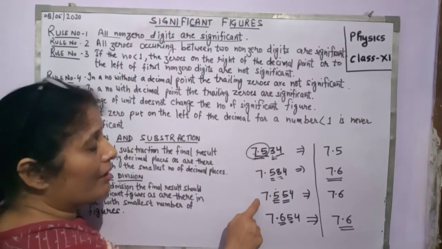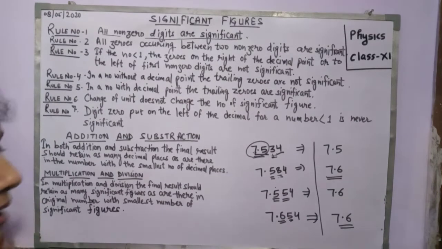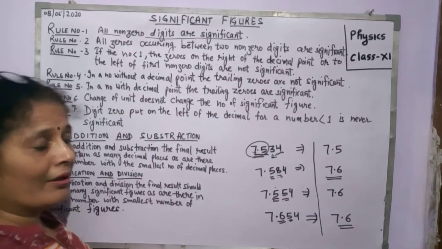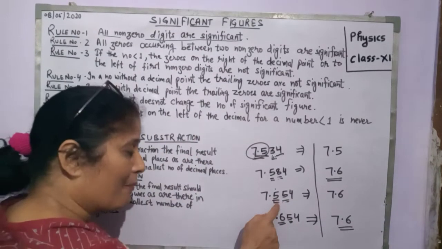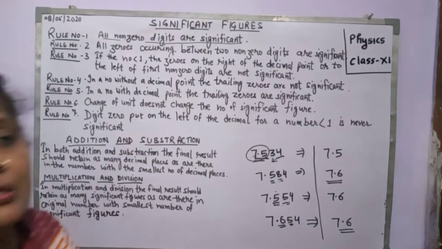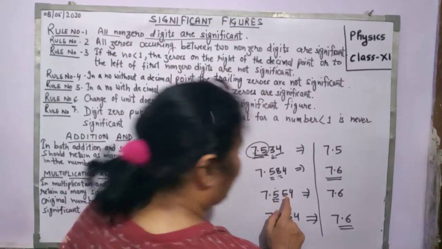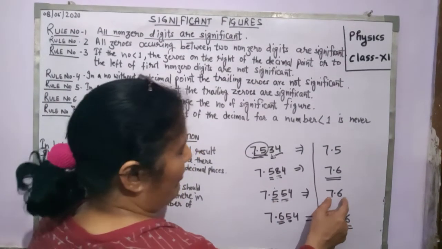If the number to be omitted is less than 5, here greater than 5, now it becomes equal to 5, then we observe the preceding number. If this number is odd, which means it is not divisible by 2, then we must add 1 to it, and on rounding off it becomes 7.6.